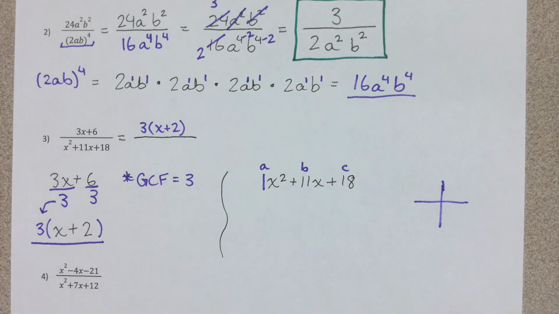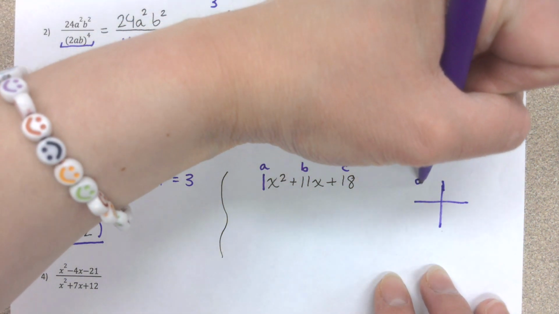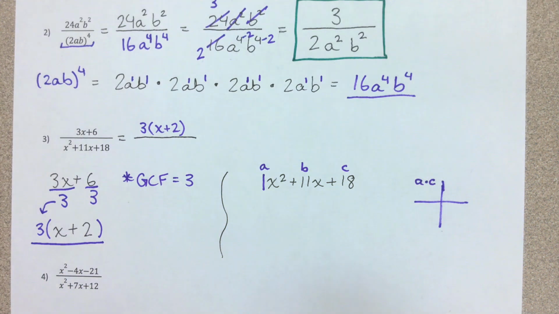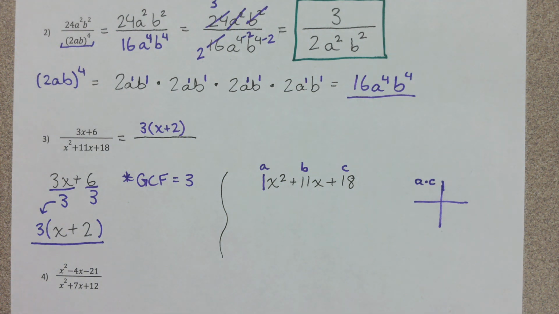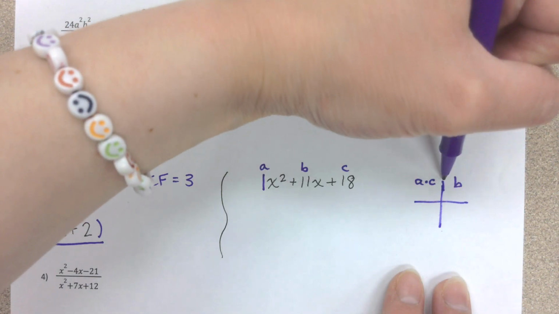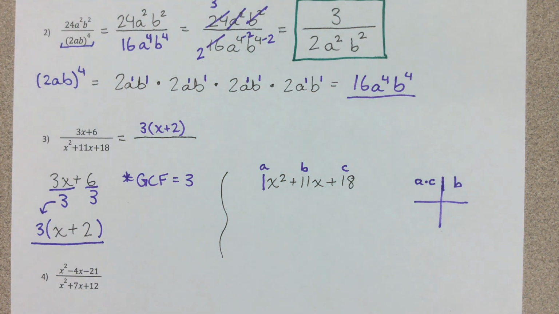A couple points of discussion, because this did appear on the last test and I saw a lot of common mistakes. Number 1, the left side of the chart is A times C. I had some students doing A plus C. It's A times C. And then it's B on the right side. I also had some students that flipped the columns completely and then they got wrong numbers, obviously.